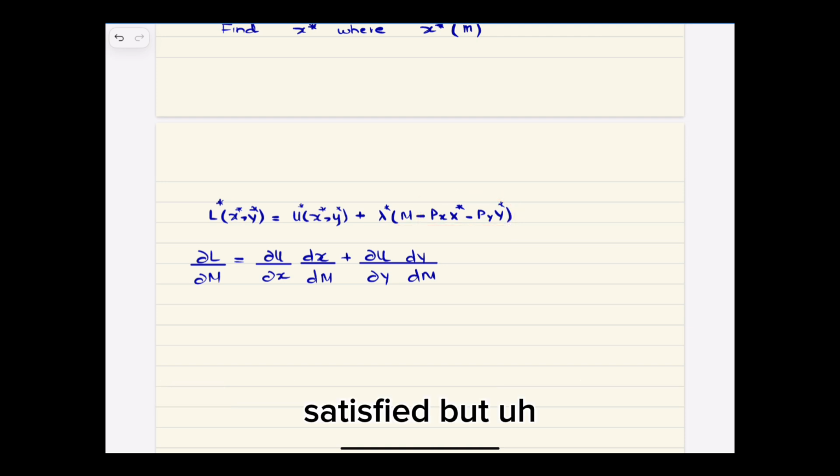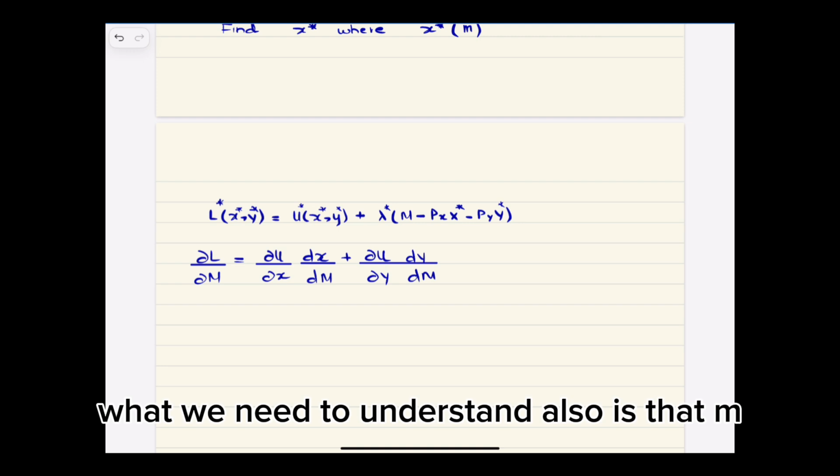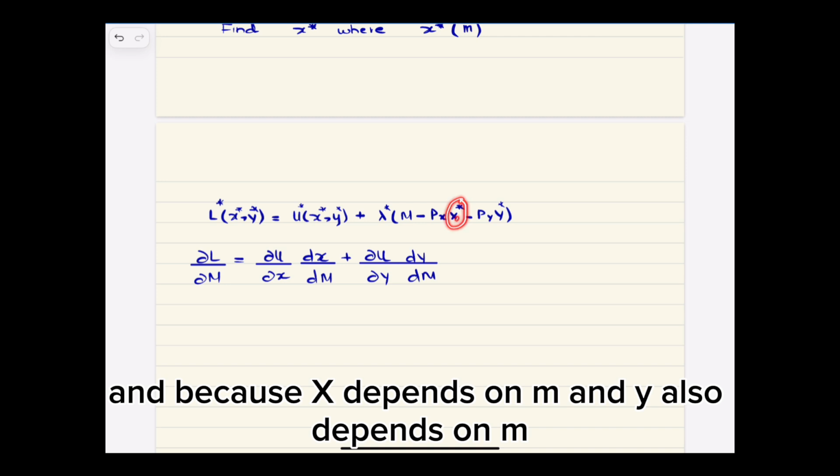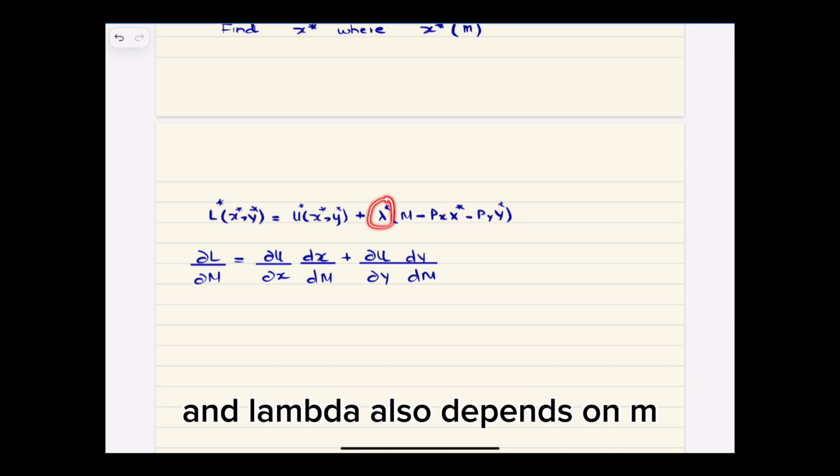But what we need to understand also is that M comes over here because X depends on M, and Y also depends on M, and lambda also depends on M.